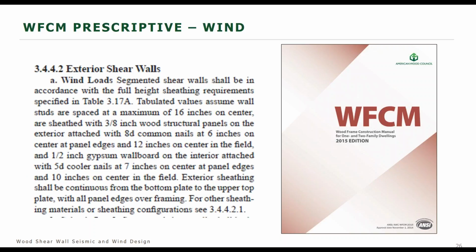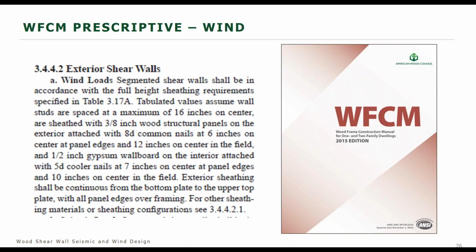So if you go into the WFCM, we have all these tabulated values, and we have a baseline assumption for our shear wall design in Table 3.17D. This baseline assumption is that the wall is sheathed on one side. The studs are at 16 inches on center, and it's sheathed on one side with a minimum 3/8 inch wood structural panel.